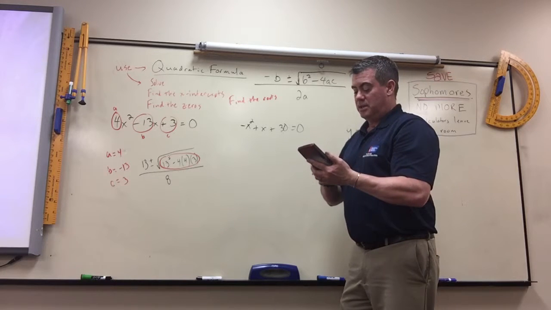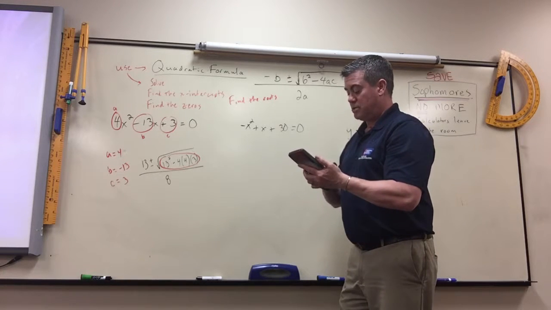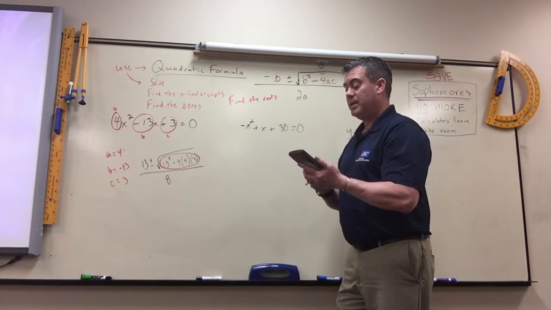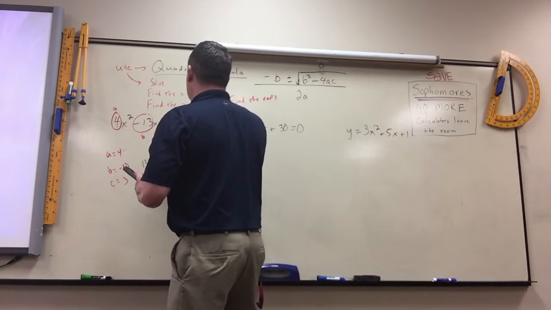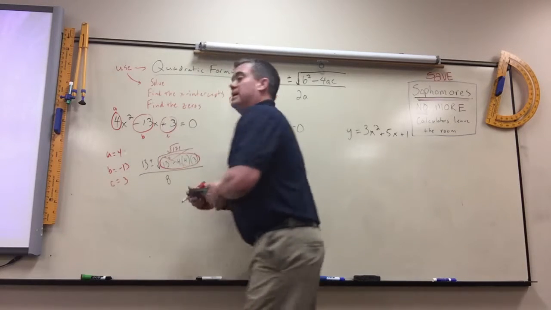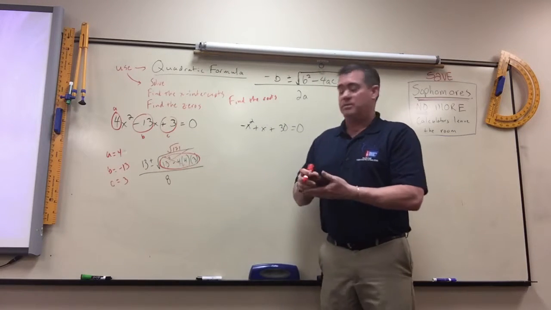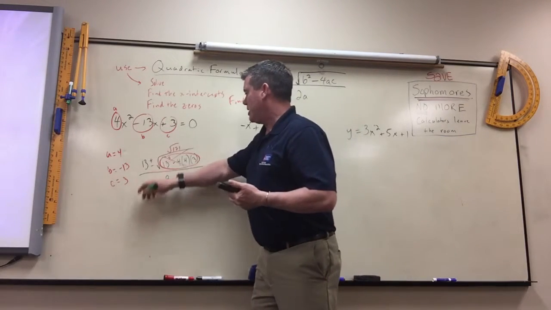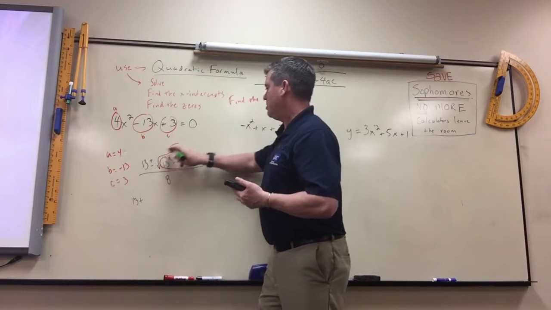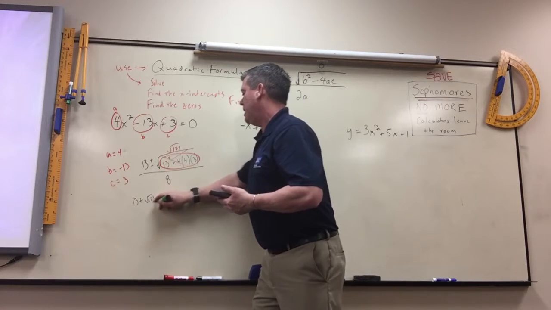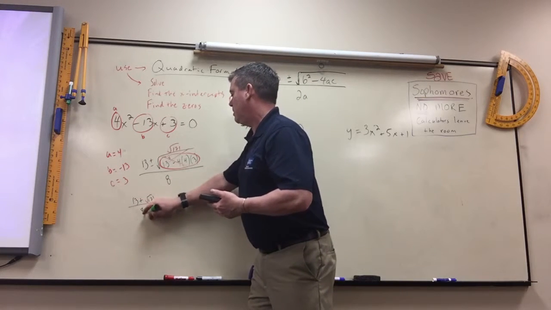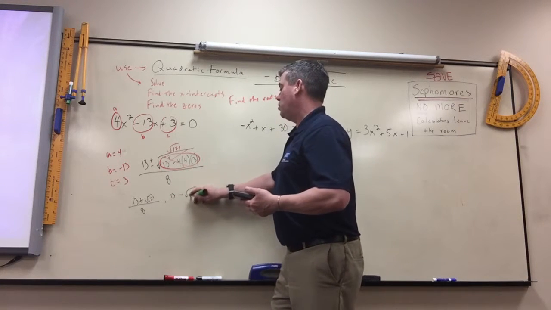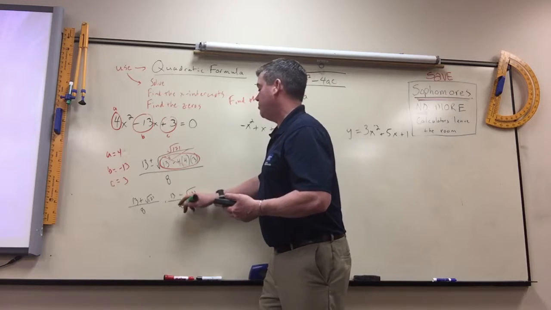So 13 squared minus 4 times 4 times 3 is 121. To get your two answers, you take 13 plus the square root of 121 and then divide by 8. And then you do 13 minus the square root of 121 divided by 8.